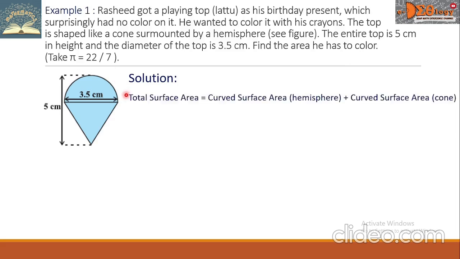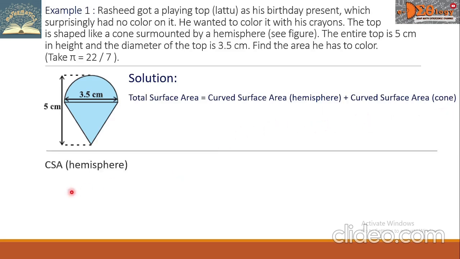The required area here is the total surface area. That is equal to curved surface area or CSA of hemisphere plus curved surface area or CSA of the cone. Let us solve the CSA of hemisphere and CSA of cone separately.